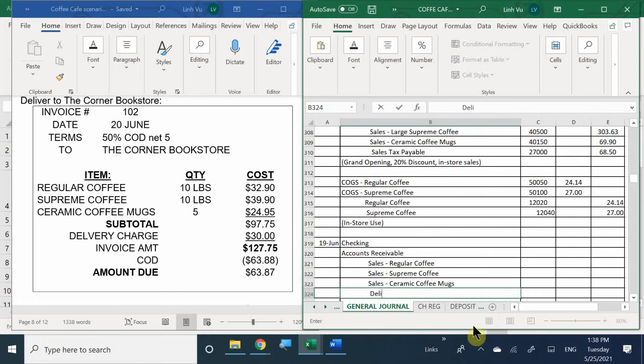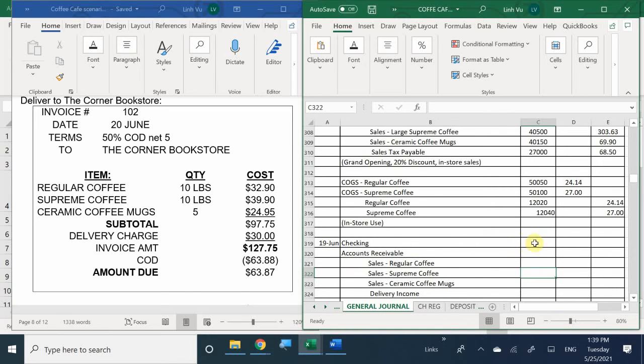Yes, because we have to remember that these are Albert's clients, and he's delivering these coffees to them. So he's charging them $30 for the delivery charge. Good job. Yep.